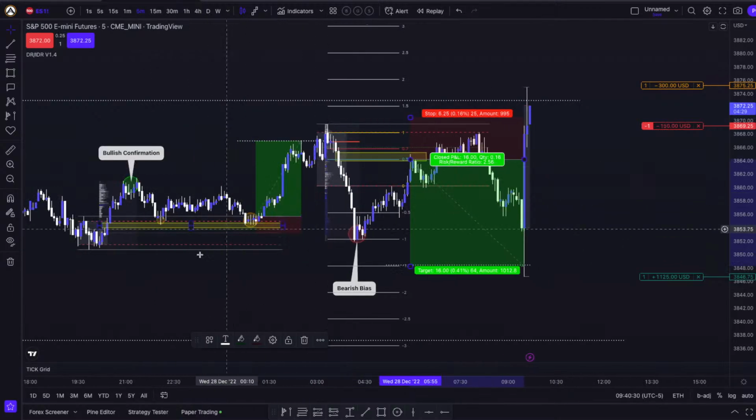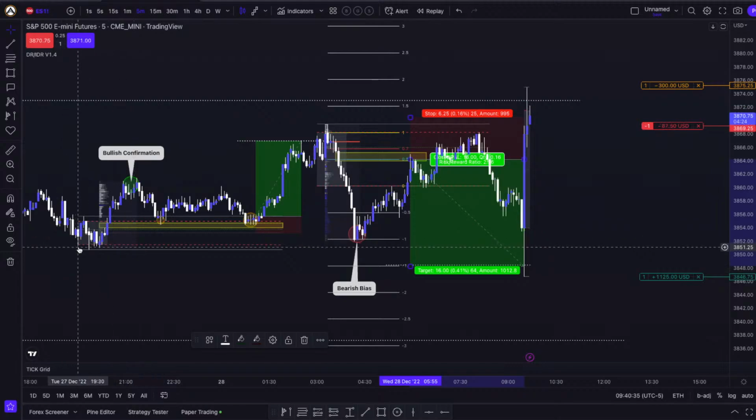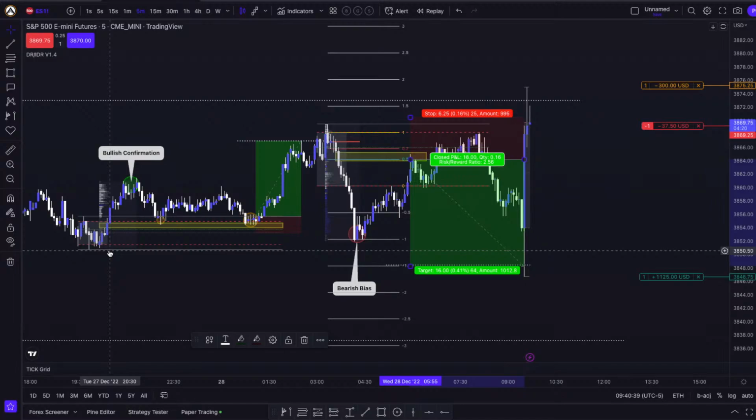And right here over our Asian range from 7:30 p.m. New York local time until 8:30 p.m., we see that we had our bullish confirmation, a retest of our DR/IDR gap and fair value gap with volume inefficiency. Beautiful setup.